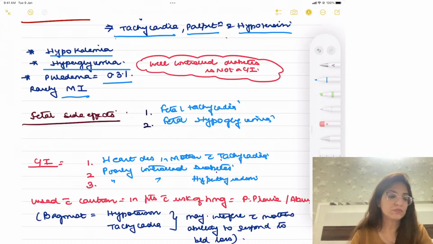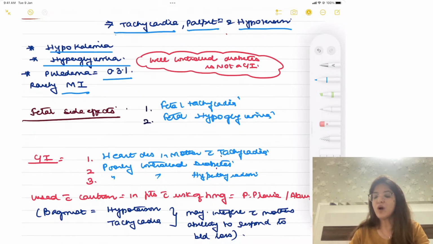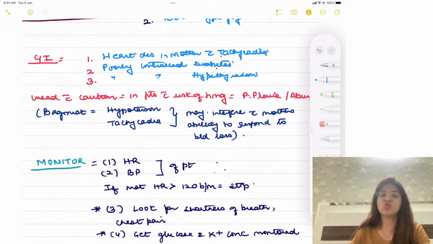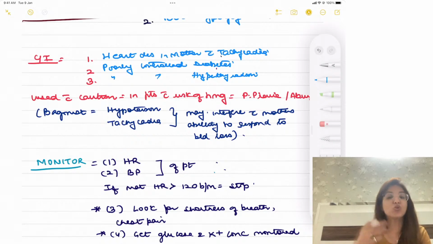So these are the conditions in which beta 2 agonists are contraindicated. You have to use beta 2 agonist with caution in patients with hemorrhage like placenta previa or abruptio. Why? Because beta 2 agonists lead to tachycardia and hypotension due to the vasodilation effect.